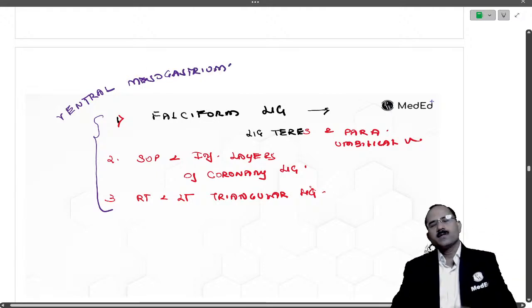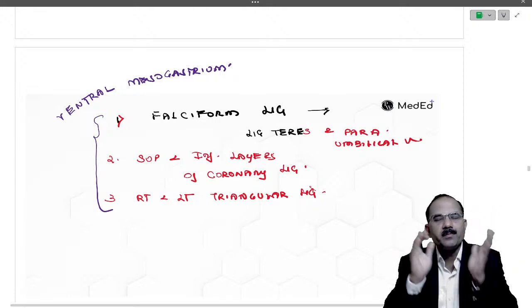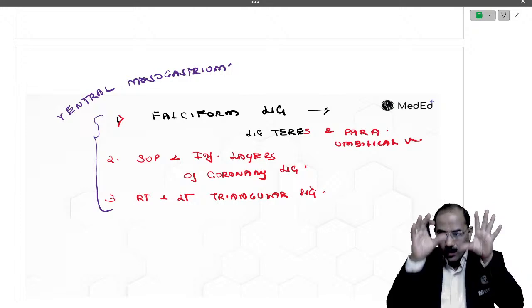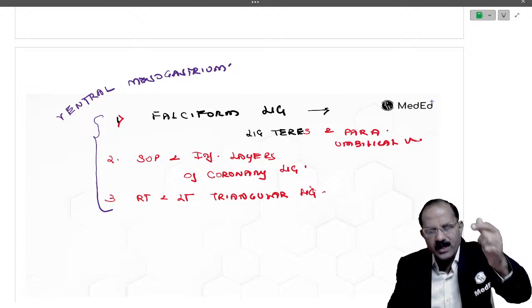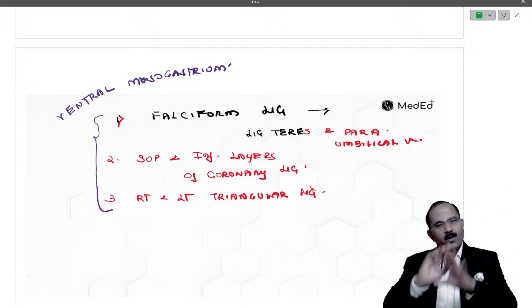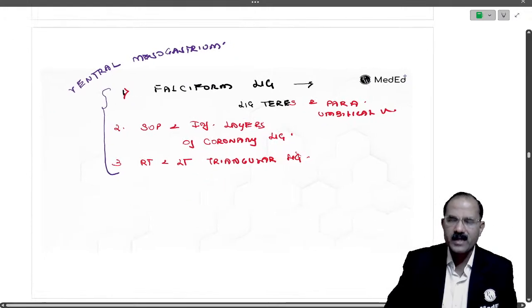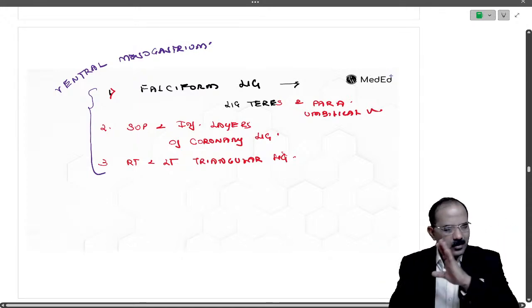Because the liver is growing in the ventral mesogastrium, all the ligaments of the liver are therefore derived from it. A very, very important viva question. Now, which are the bare areas of liver? A very important viva topic.